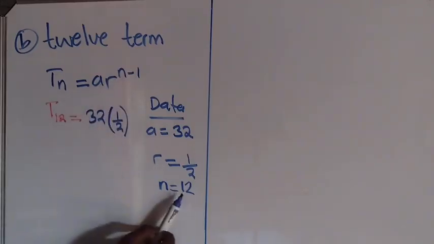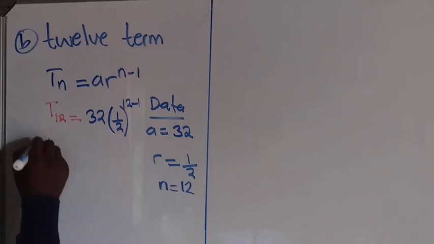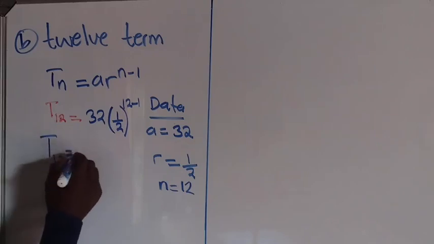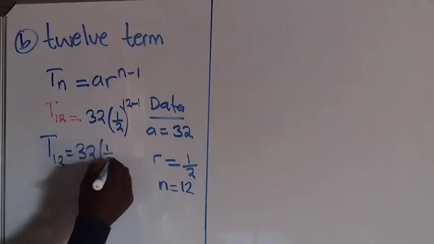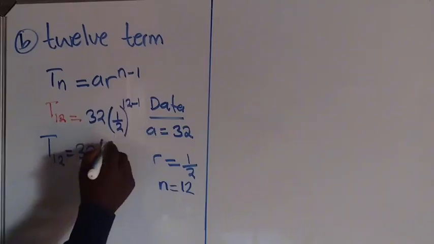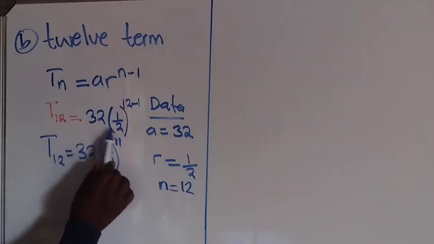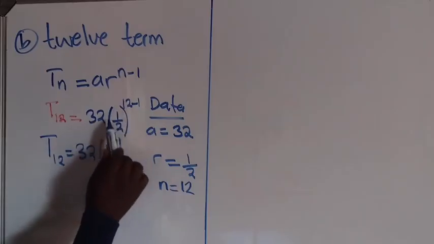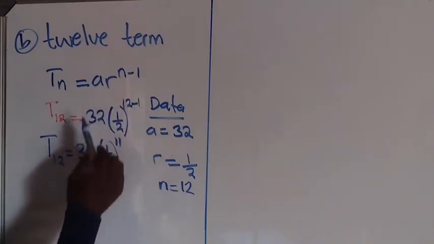So n is 12, so this will be 12 minus 1. So in brackets we have half, then 12 minus 1, it's 11. So don't make a mistake of simplifying here, because this term is raised to the power of 12 minus 1. This one is not affected.